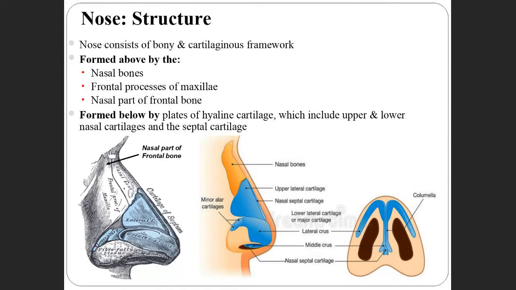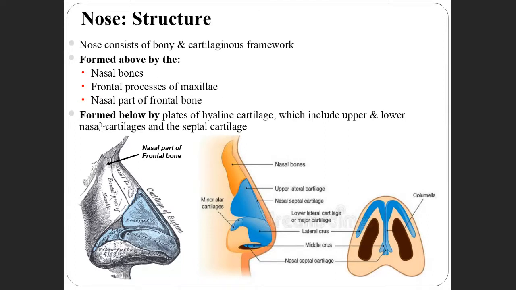See here, the frontal bone is extending downwards. That part is called the nasal part of the frontal bone.